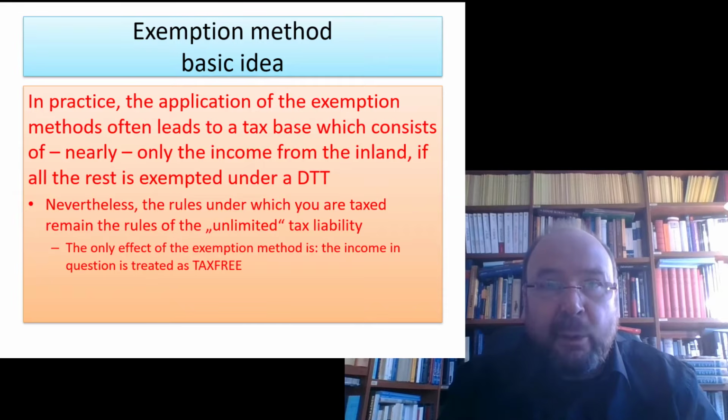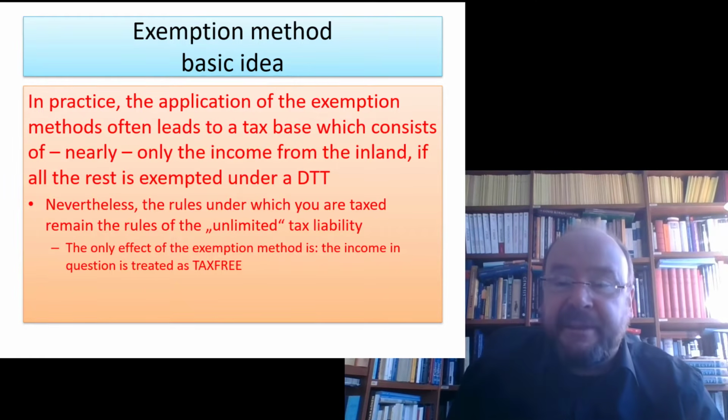So when nearly 90% of your worldwide income is exempted by the exemption method, you still remain an unlimited tax liability taxpayer with a right to a basic allowance, with a right to the deduction of children's allowances, with the right to deduct other special expenses, and with the application of the regular tax tariff in 32a of the EStG. So, exemption of a part of your income by a double taxation treaty does not change your basic taxpayer status.